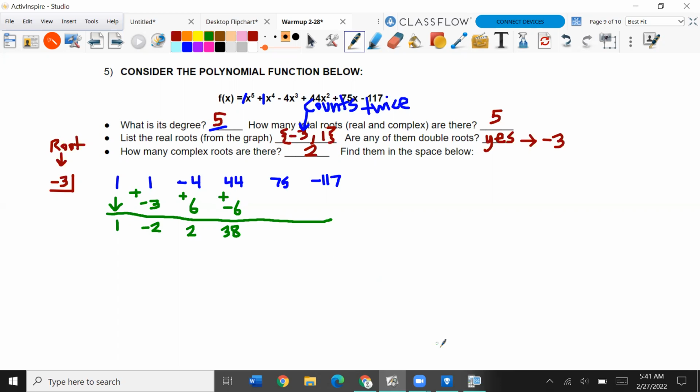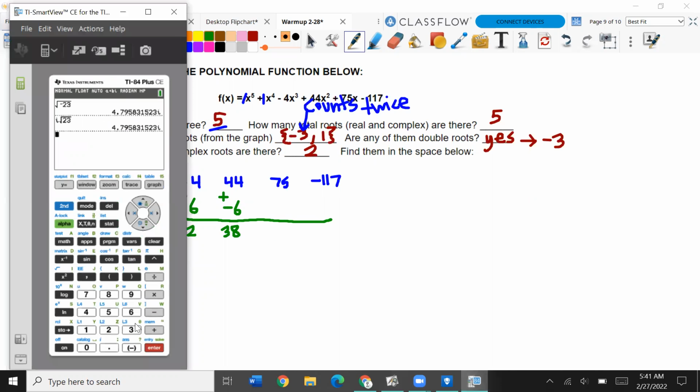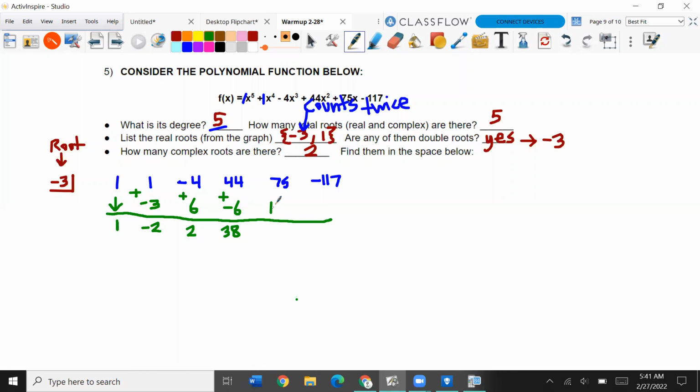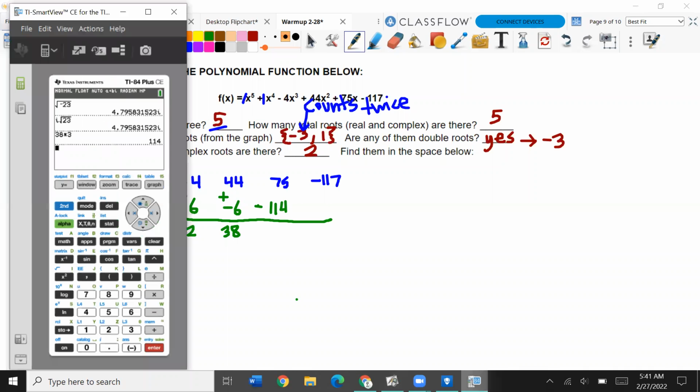And 38 times 3, that's going to be 114. That's a -3, so it's going to be -114. And then you're going to add 75. Oops, let's see, -114. Then we're going to use Desmos.